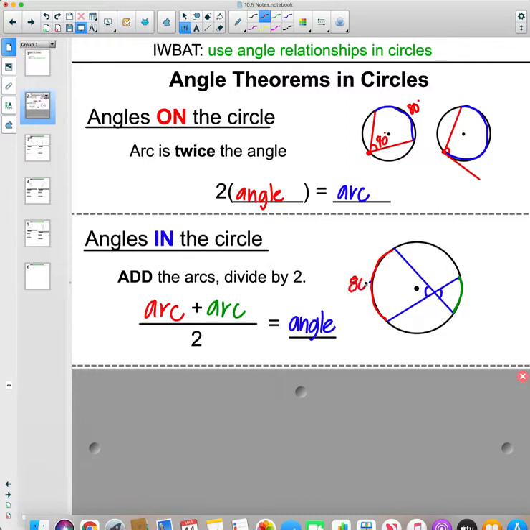If this was 80 and this was 60, we would do 80 plus 60, and then divide by 2. That's going to give us this angle. 80 plus 60 is 140, divided by 2 gives us 70. So these angles in here would be 70.